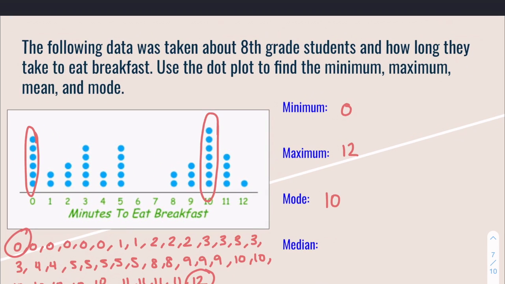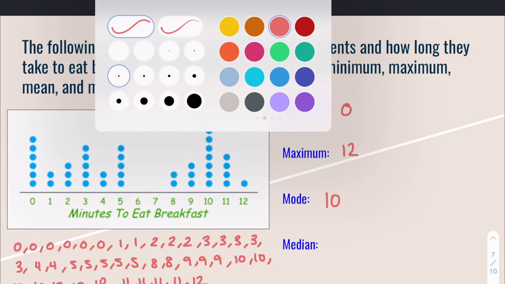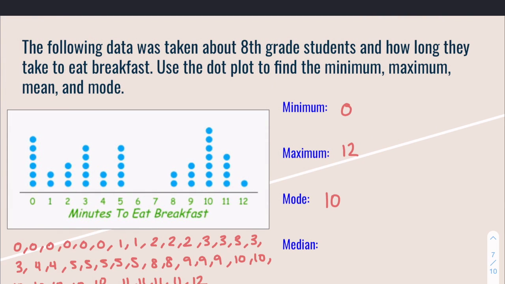The median is another thing you could do on the list. Typically when we do a median, we're trying to find the number that is at the middle of the data set. So the way we normally do that is we go through and we cross out the lows and the highs.